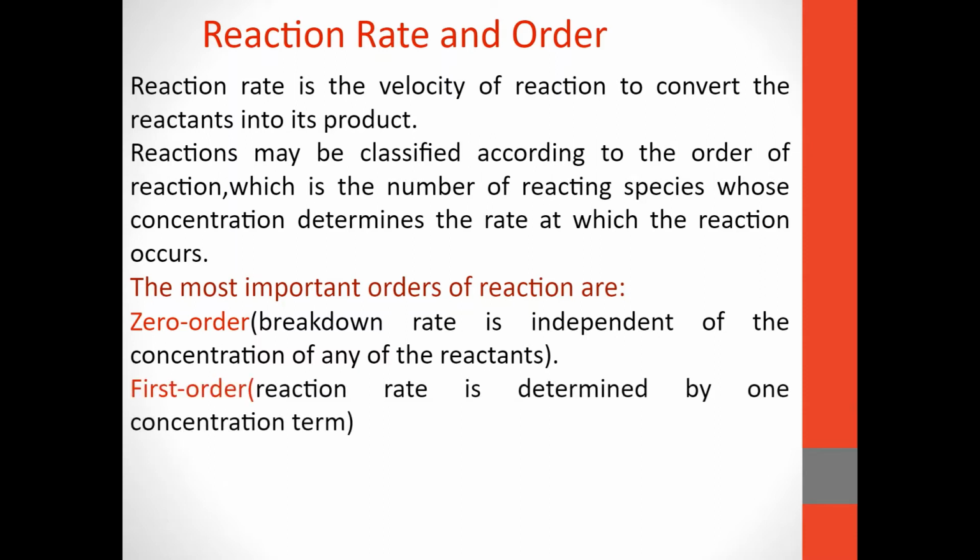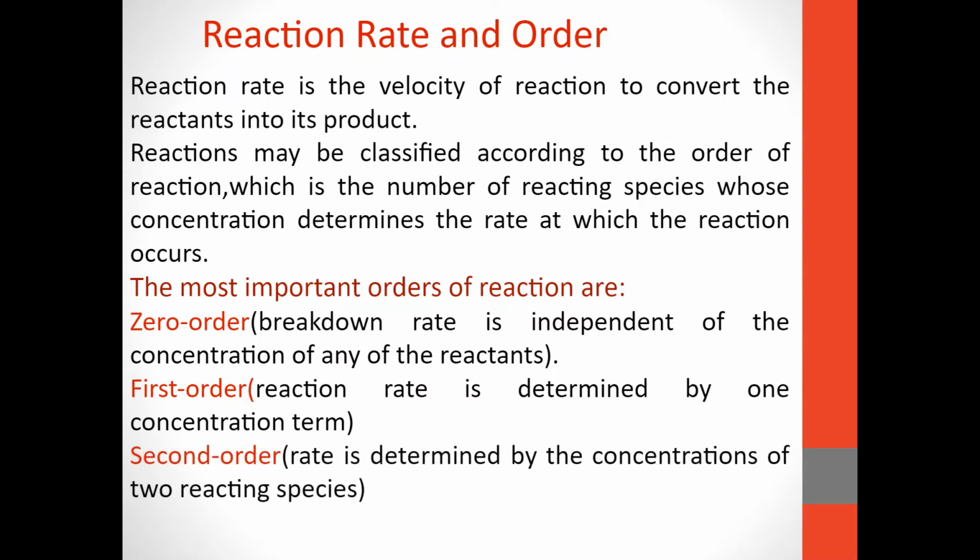First order reaction, in which the reaction rate is determined by one concentration term. Second order, in which the rate is determined by the concentrations of two reacting species. That means the reactions may be classified according to the order of reaction, which is the number of reacting species whose concentration determines the rate at which the reaction occurs.